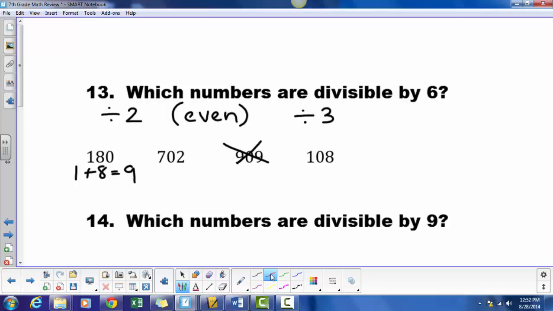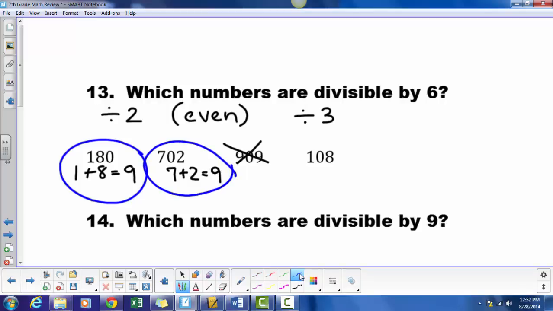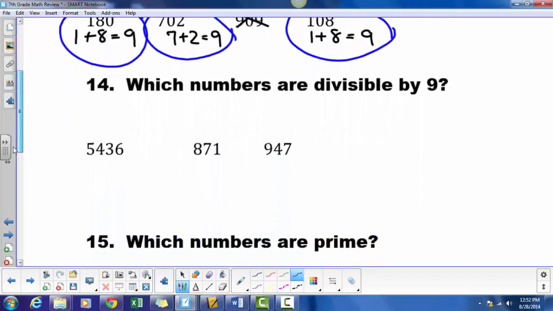This number, 180, is divisible by 3. And it's also divisible by 2 because it's even, so this is good. What about 702? Let's see, 7 plus 2 equals 9. 9 is divisible by 3. This number is also good. And 1 plus 8 equals 9. 9 is divisible by 3, so this is also good.